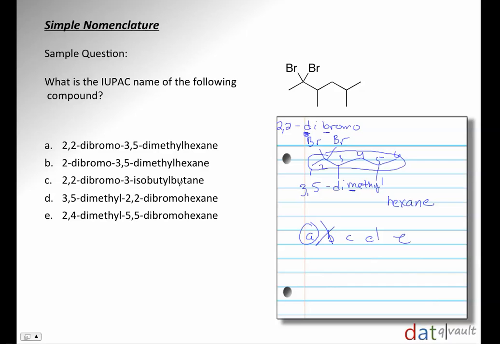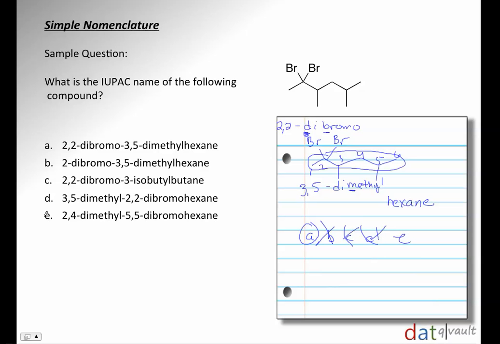If we look at C, we notice that the longest carbon chain here is a butane chain. We've already figured that the longest carbon chain has 6 carbons, so this one can be X'd out. In this answer, we see that there is a 3,5-dimethyl and a 2,2-dibromo, but of course the alphabetical order rule is not followed, so we can mark this one out as well.